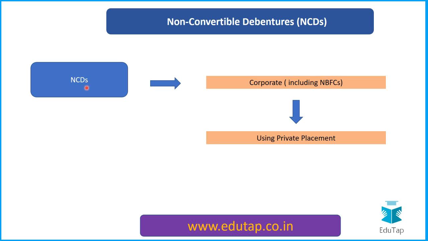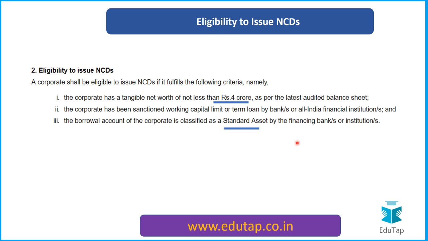NCDs are issued by corporates, and when we say corporate, we also mean non-banking finance companies like Bajaj Finserv, and they are issued using private placement. So they are not issued using a public offer or rights issue, they are issued using private placement.